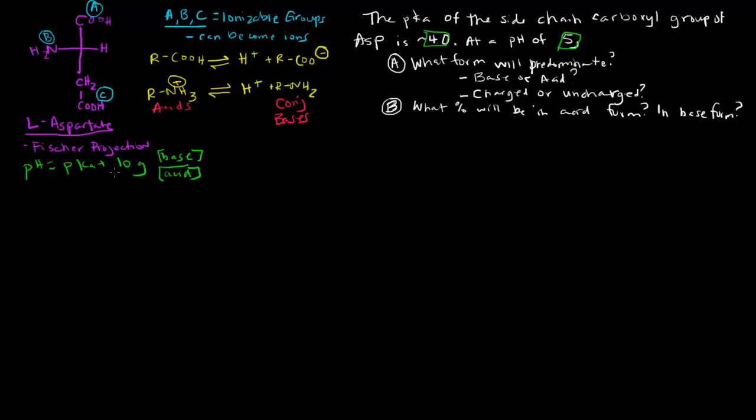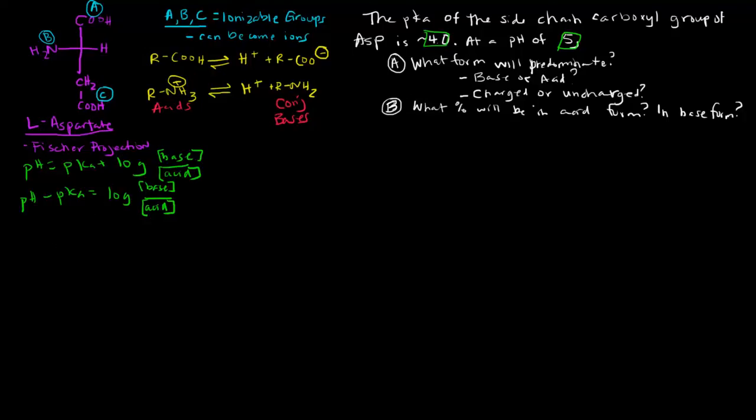Let's solve for it. If we want to get this ratio by itself, let's rearrange this equation: pH minus pKa equals the log of the concentration of the base over the concentration of the acid. And we want to get just the ratio, so we have to undo that log.